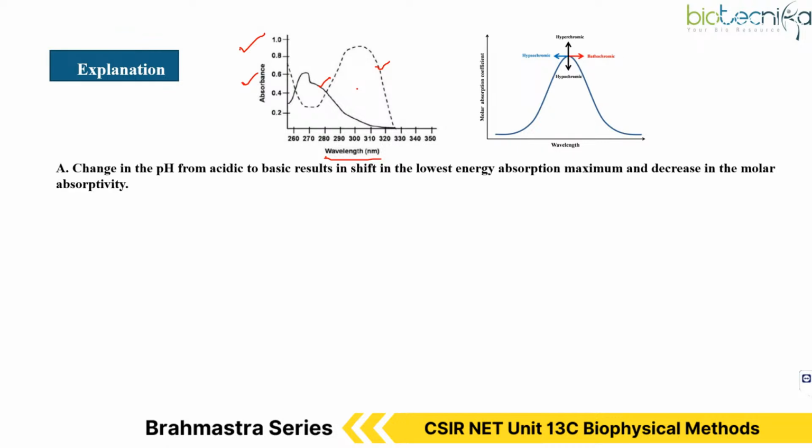So interpretation A is: change in pH from acidic to basic results in shift in the lowest energy absorption maxima and decrease in molar absorptivity. By looking at this graph, if you compare the wavelength range of the absorption in acidic medium and basic medium, definitely basic medium is towards the longer wavelength, right?